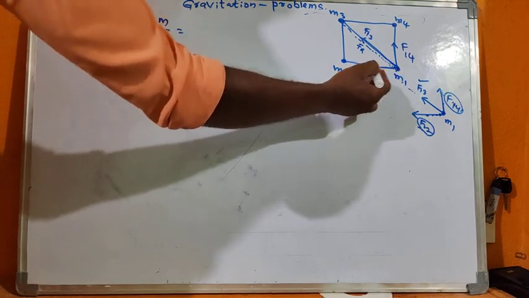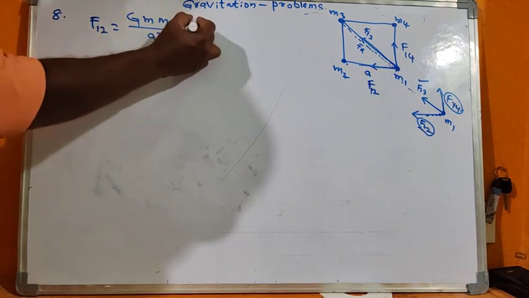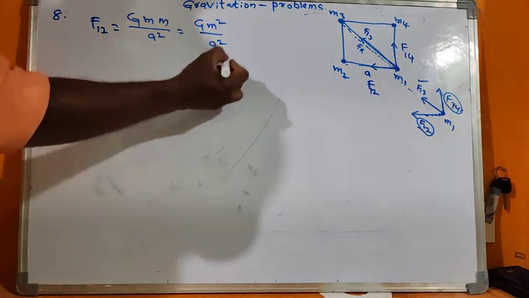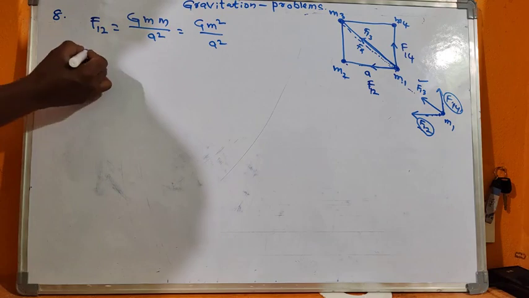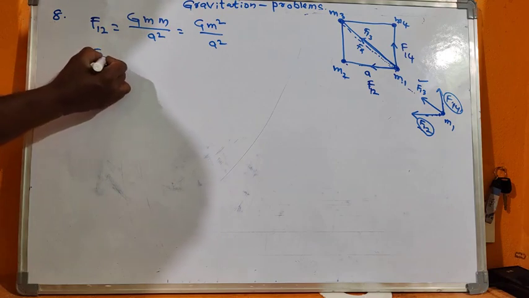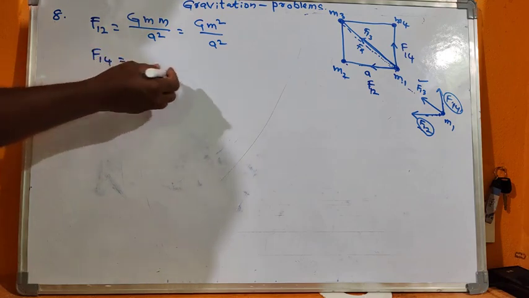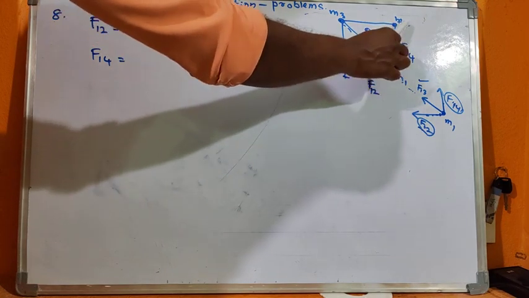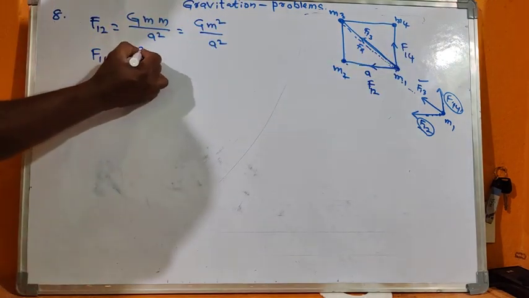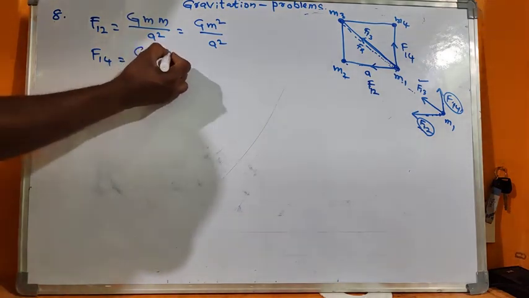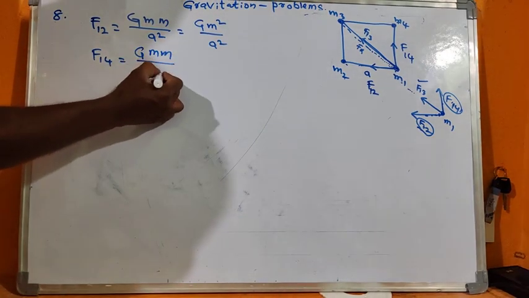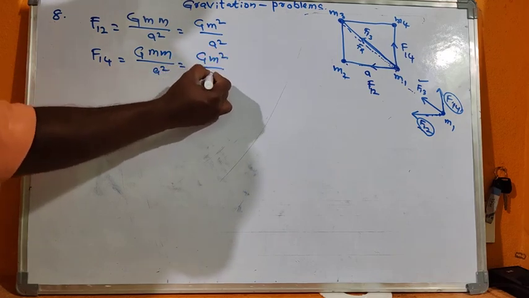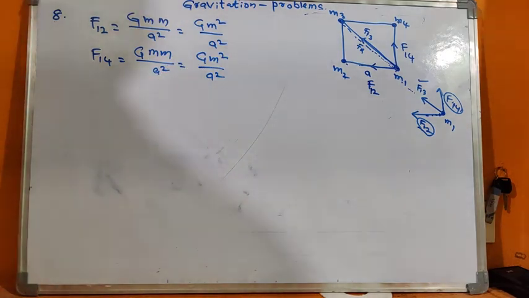The distance between them is a, so it is equal to G m square by a square. Like that, the force on 1 by 4 is also G, the masses are the same, m into m, by distance a square, so it is also G m square by a square.